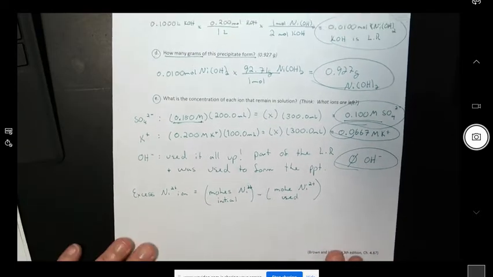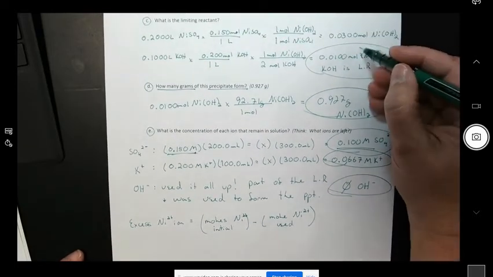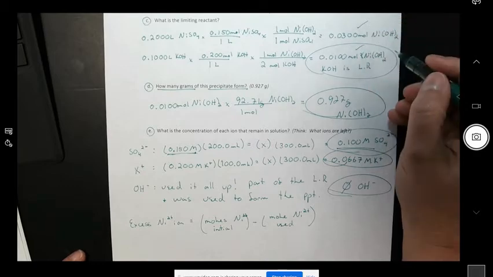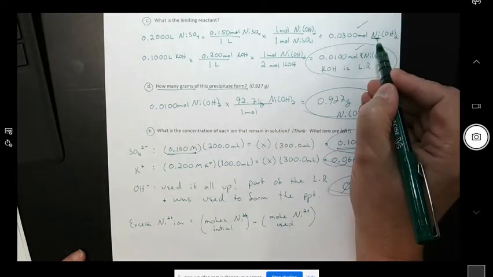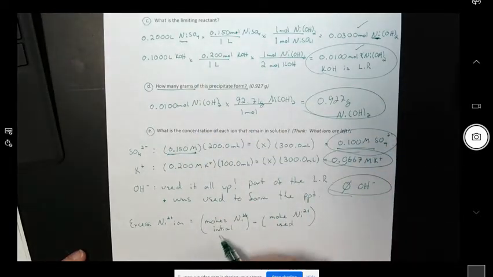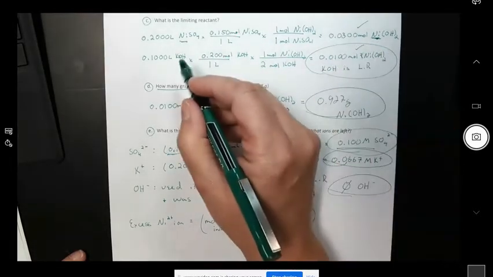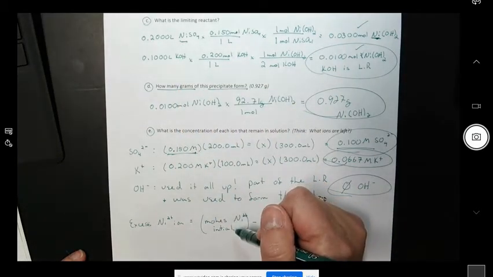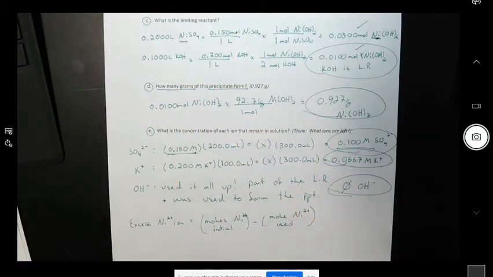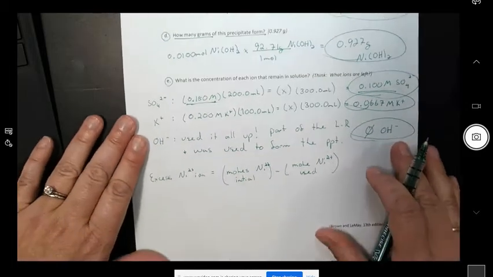I know from my calculations up here that the nickel that I would have made here came from my nickel here. And so I know initially the moles of nickel I started with here is 0.03. But let's take a minute and calculate that out in case you didn't know.